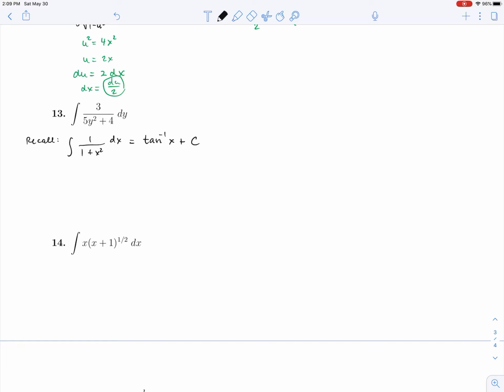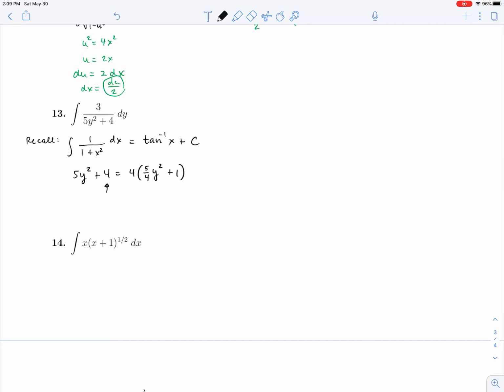So this really is this form, but we have to make that denominator look like 1 plus something squared. So let's start with the 5y squared plus 4. The first thing that we want to do is we need this to be a 1. So we can factor a 4 out. And then we have 5/4 y squared plus 1.